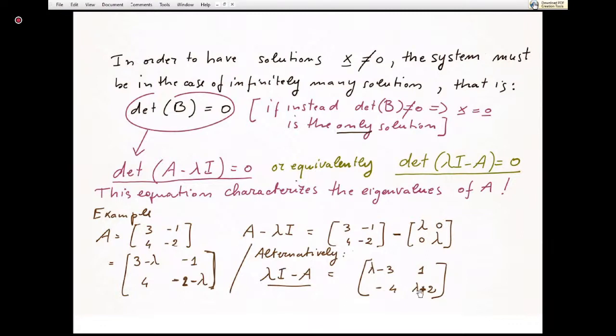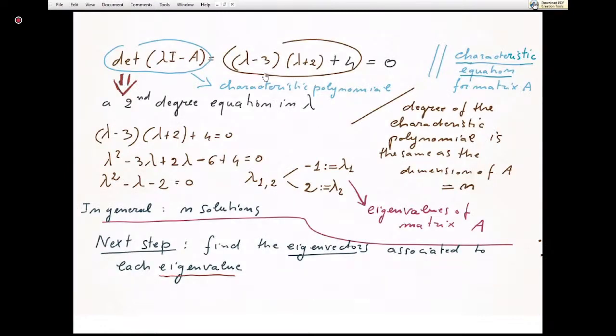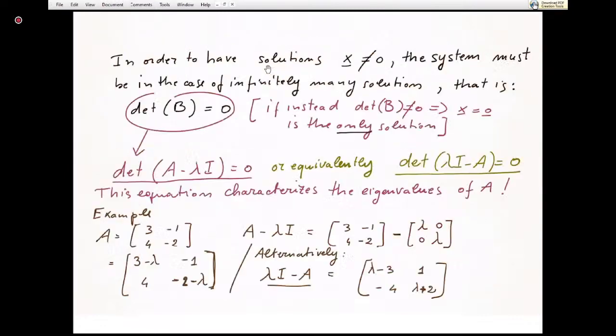Now you have to compute the determinant of this, and you see that since the matrix is 2 by 2, the determinant is a quadratic polynomial. Why is that? Because it's lambda minus 3 times lambda plus 2 minus 4, so plus 4, okay?